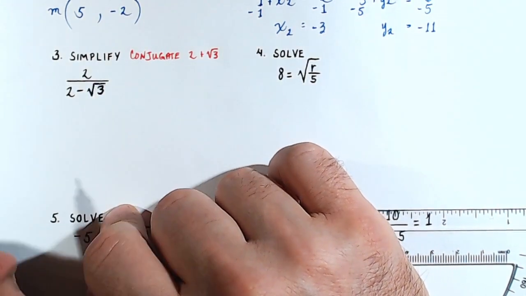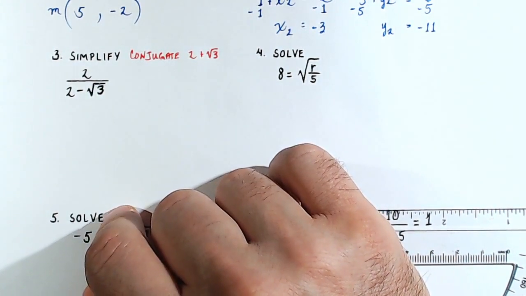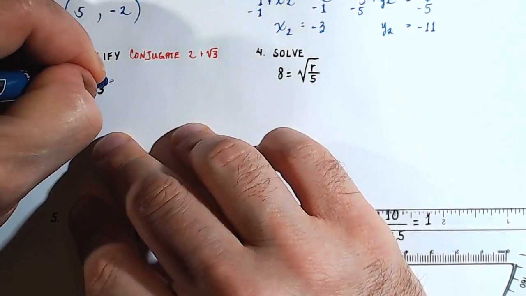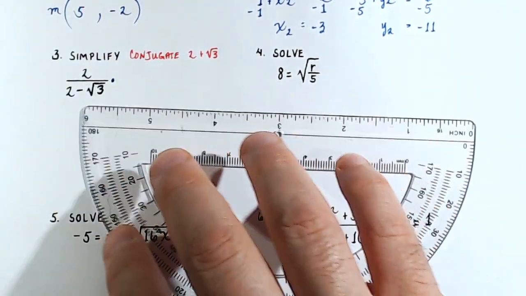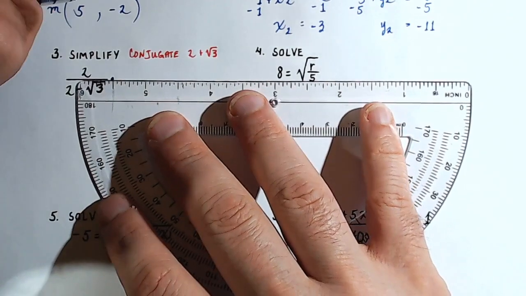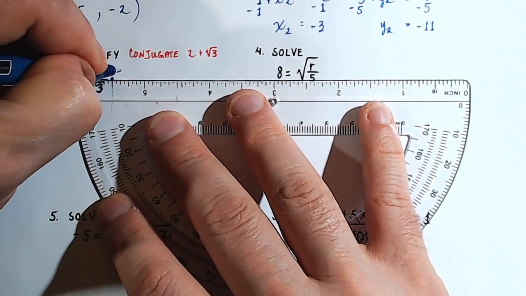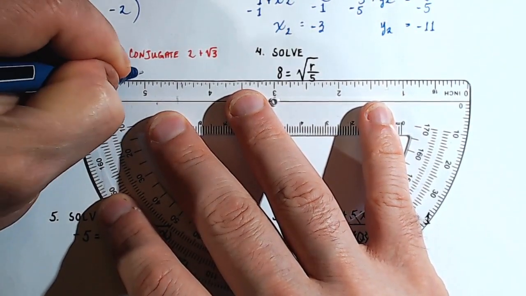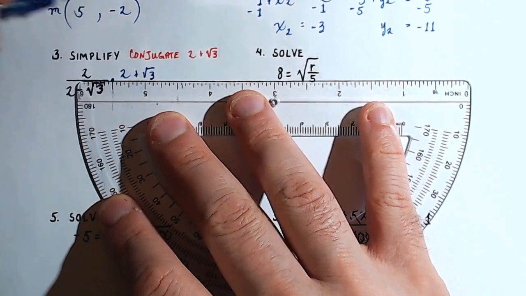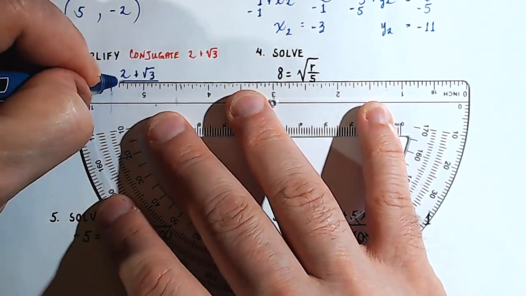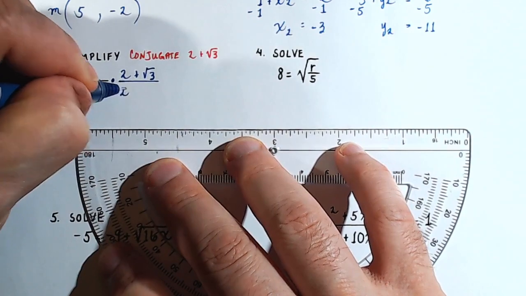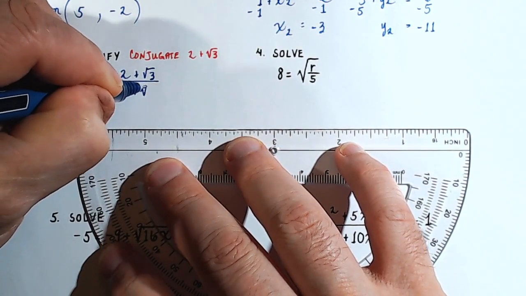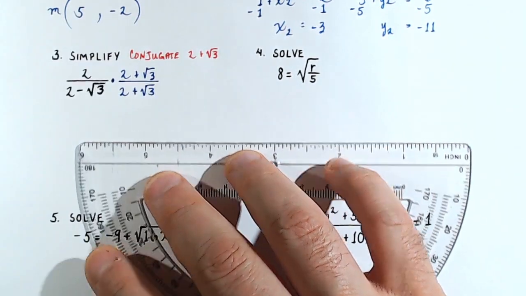We can only multiply a fraction by something that reduces to 1, so I'll multiply both the numerator and the denominator by the conjugate of the denominator, which is 2 plus square root 3 over 2 plus square root 3.